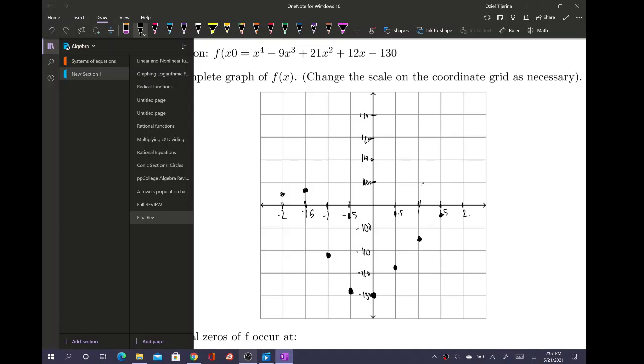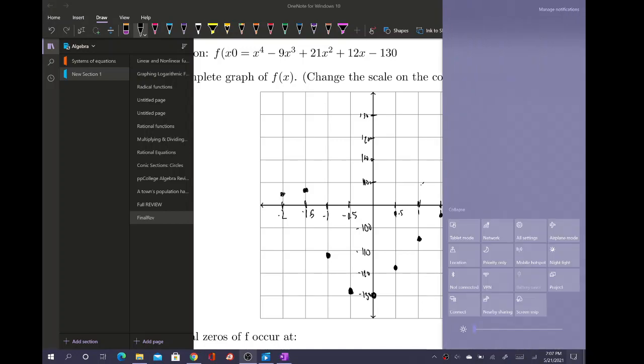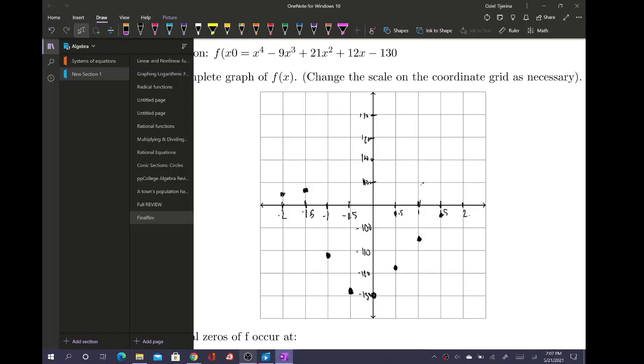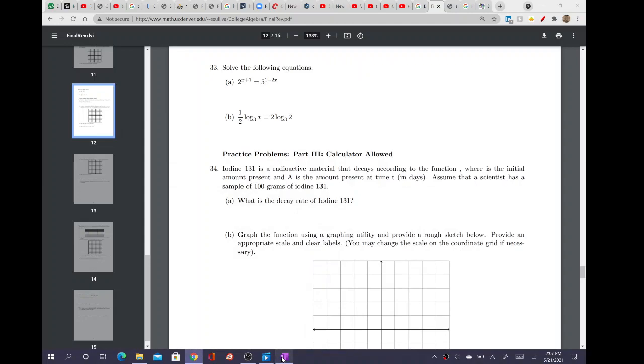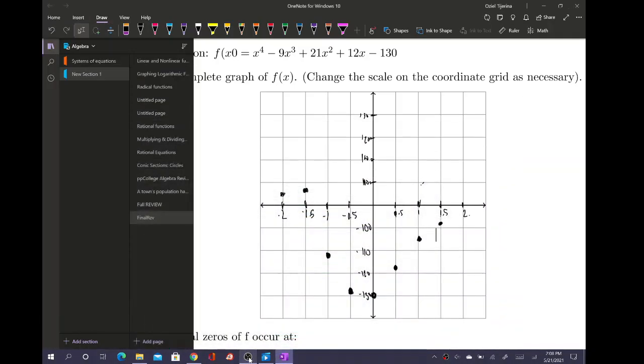When x equals 2, y equals negative 78, so it's over here.